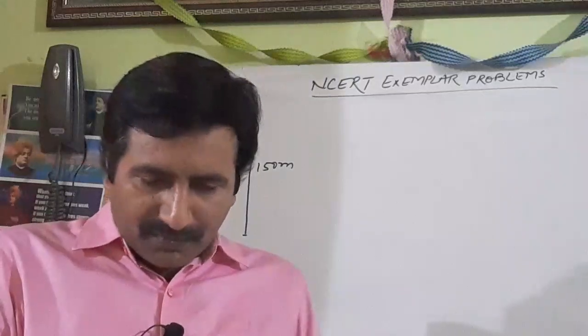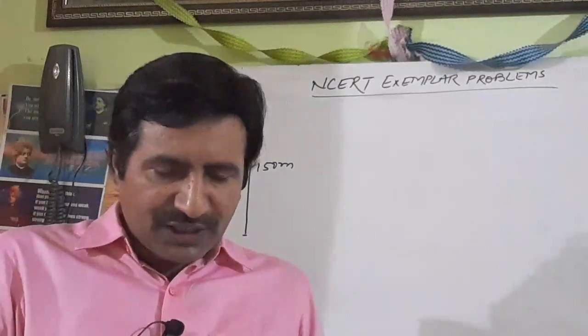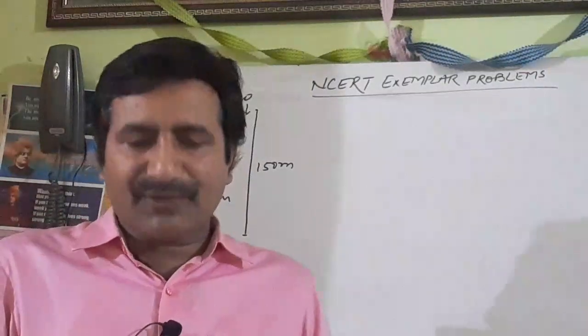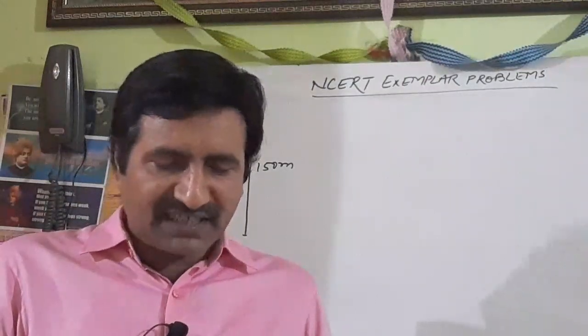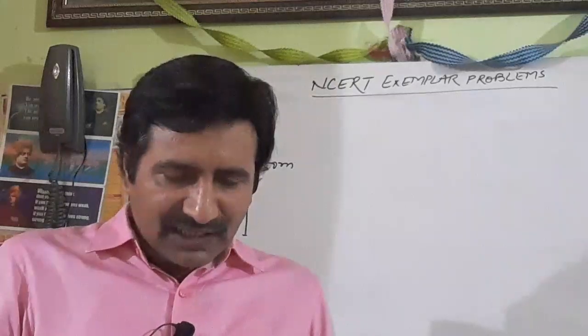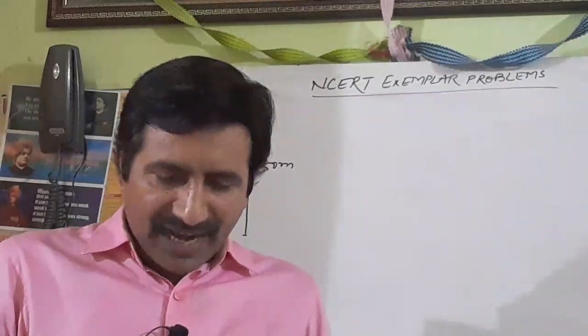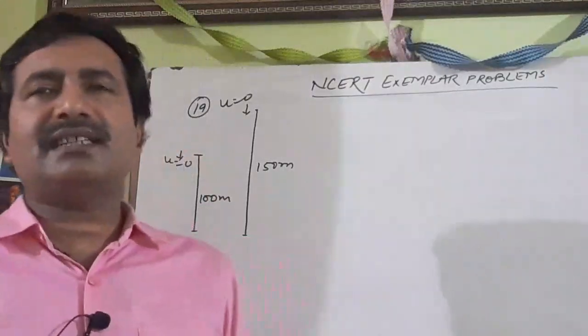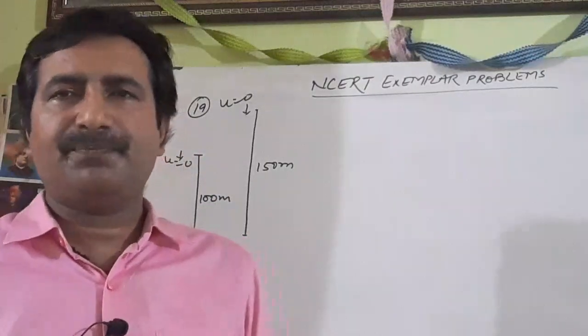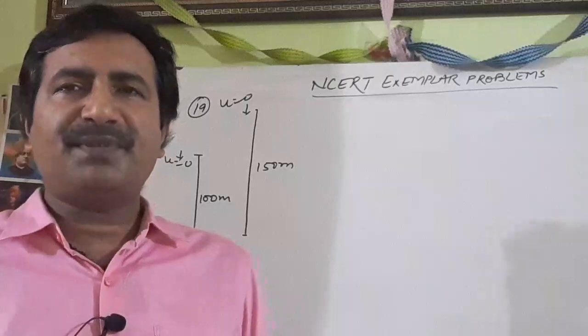After that, it is written in the question, what is the difference in their heights after 2 seconds? If both the objects drop with the same acceleration, how does the difference in heights vary with time? You see, the same acceleration, that is acceleration due to gravity, will be acting on both the objects.